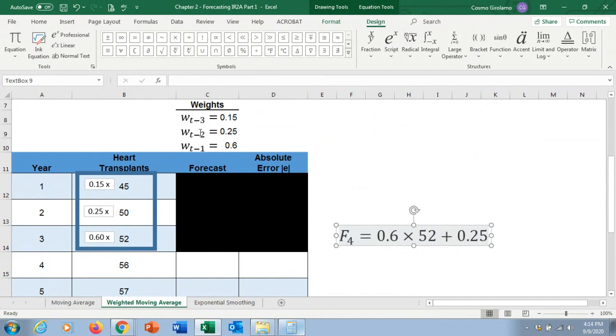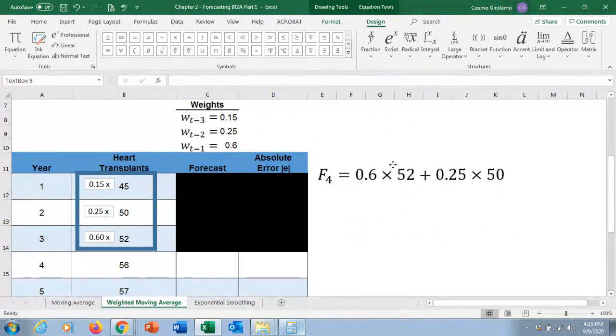This is what happened 2 periods back. That's why the t minus 2 is 2 periods back, 0.25. And I'm going to multiply that by what actually happened, which is 50. And finally, I'm going to add to that 3 periods back, t minus 3, the weight, 0.15, multiplied by 45.